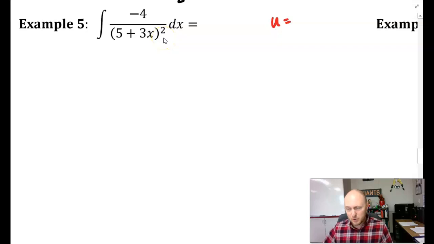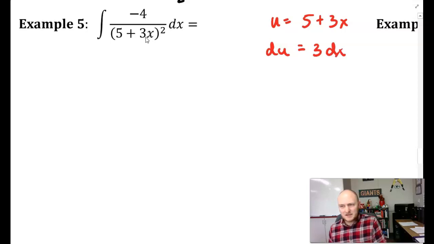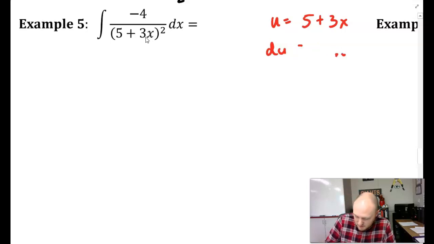As an antiderivative process, I'm going to let the stuff in the parentheses be the u, and then the du is going to be equal to 3 dx. Let me put this in blue to keep my nice color organization going.